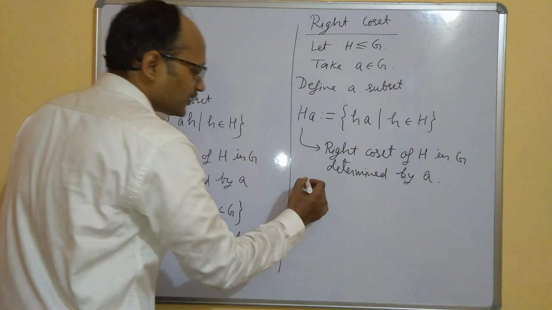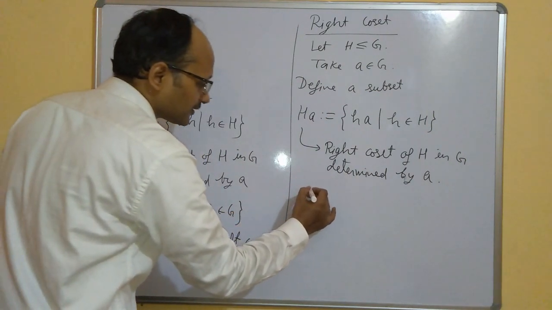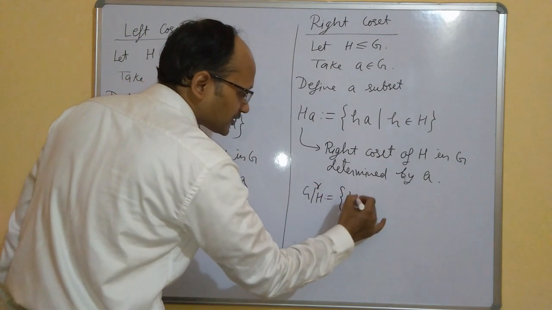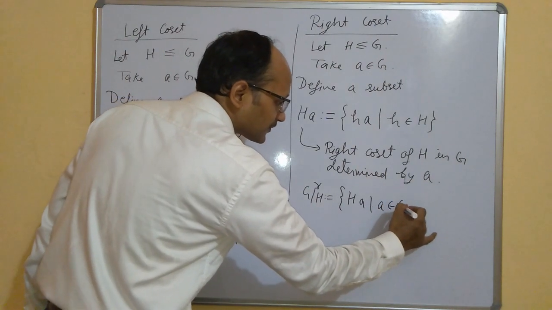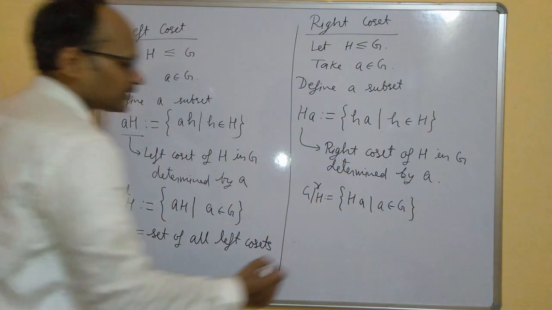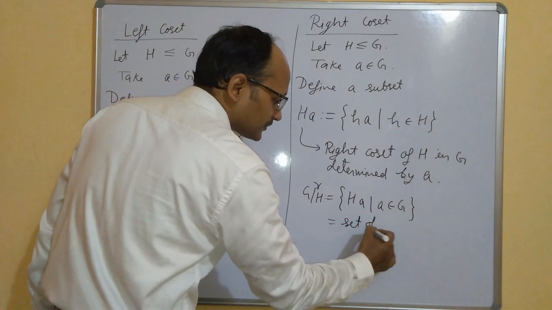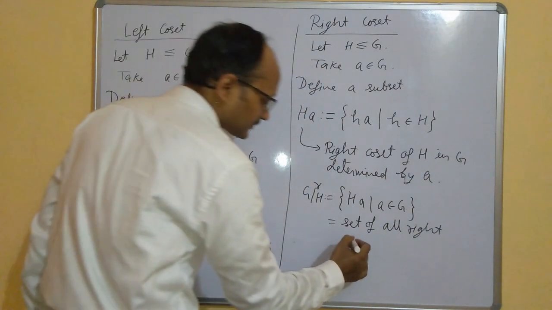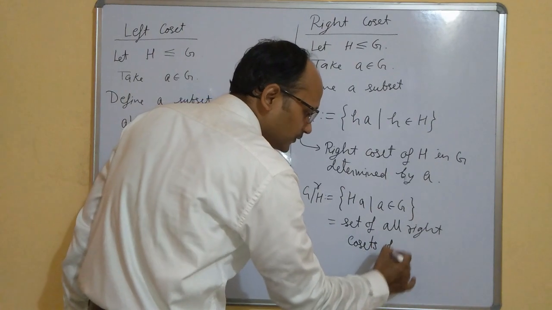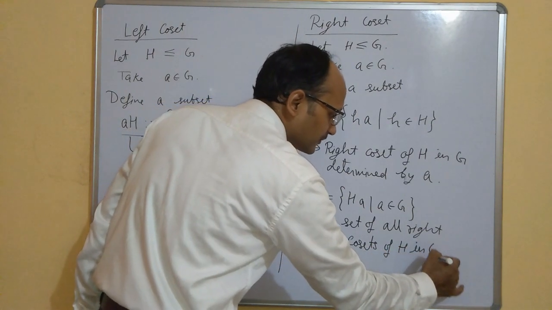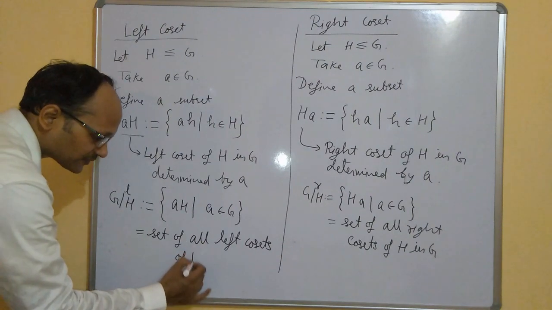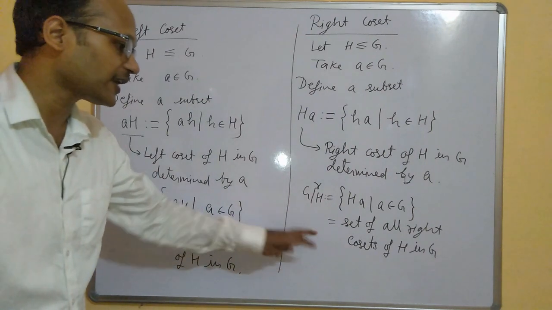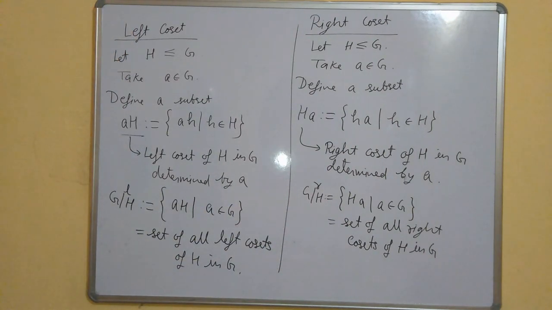And similarly, we can define the set of all right cosets Ha such that a is in G. So this is the set of all right cosets of H in G. So this is the set of all left cosets, and this is the set of all right cosets of H in G.